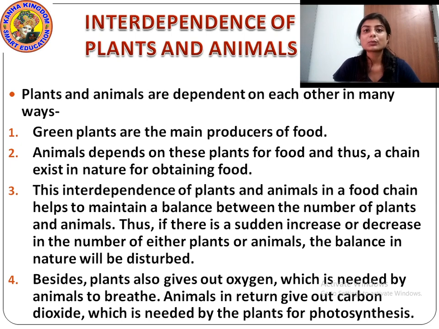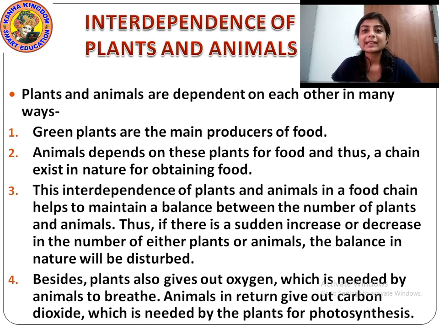We breathe what? We breathe oxygen, yes or no? In a similar way, plants take in carbon dioxide, which is produced by the animals, which is needed by the plant to prepare food. And this is how this makes a balance in nature.